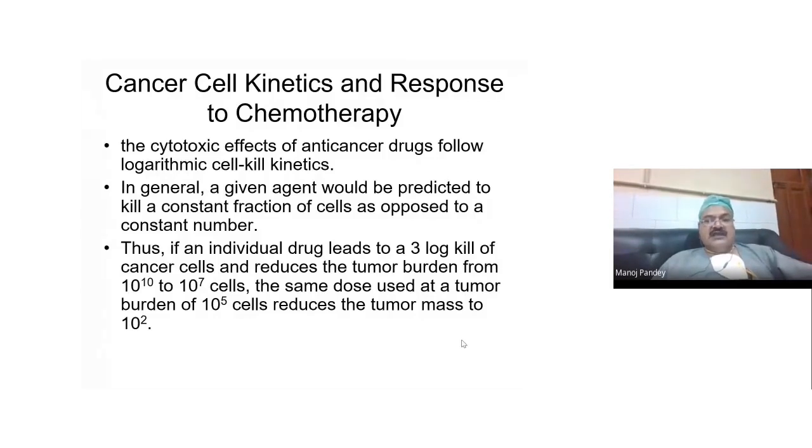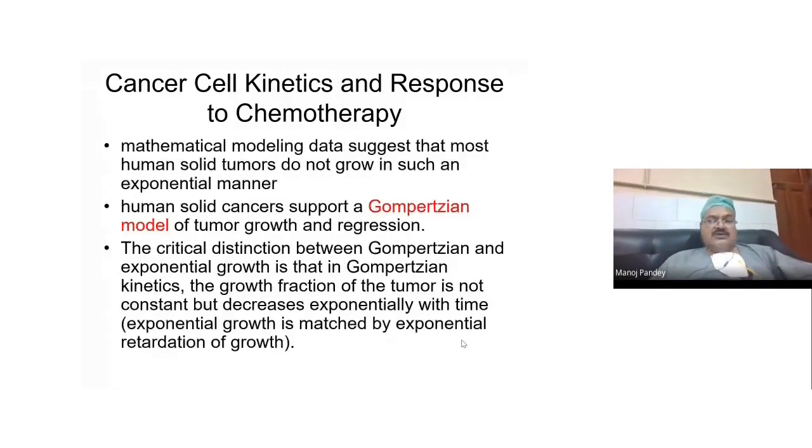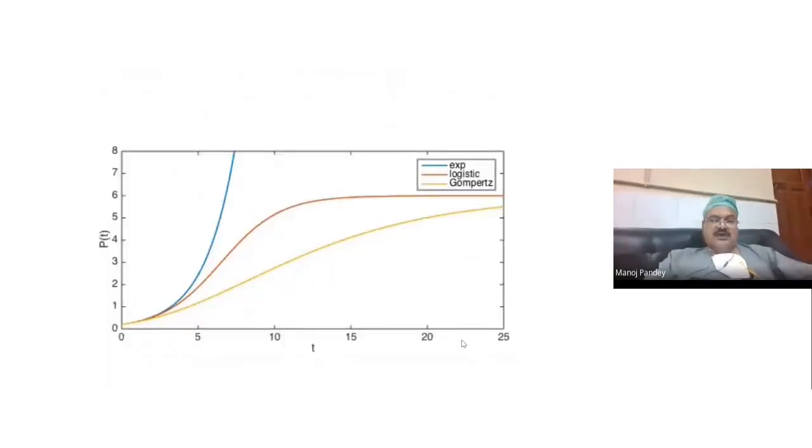But if it is cell cycle specific, then the cell kill will depend upon the number of cells present in that particular phase of the cell cycle. Now, tumors follow what is called a Gompertzian model. They usually do not follow the exponential or logarithmic models. These are the 3 models here.